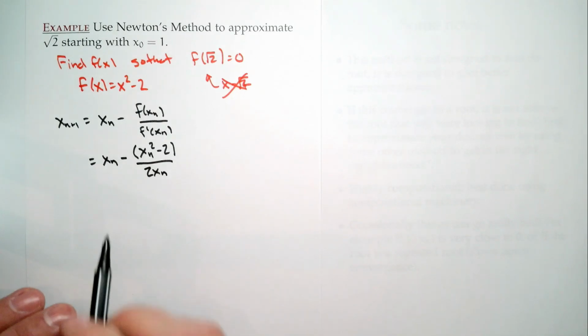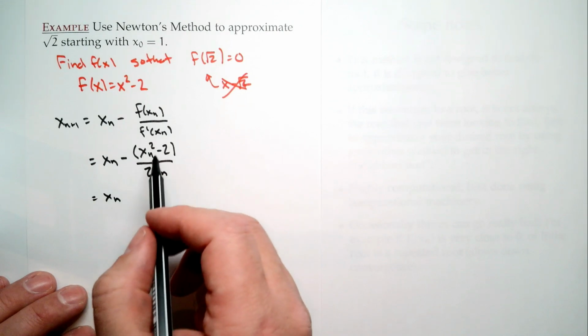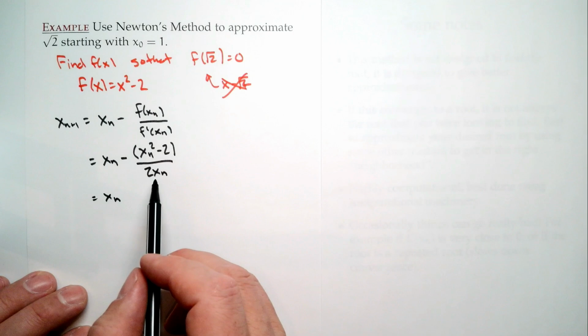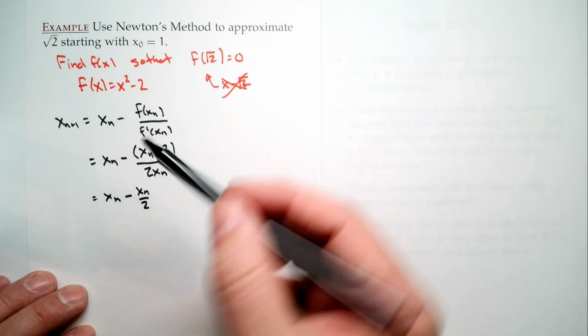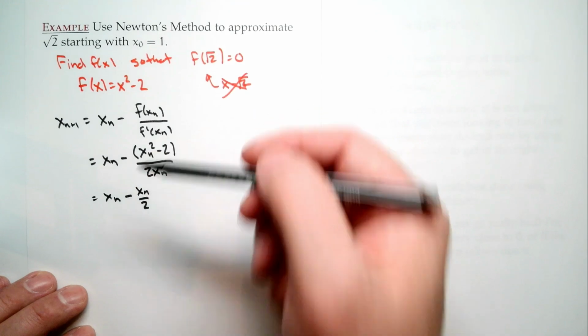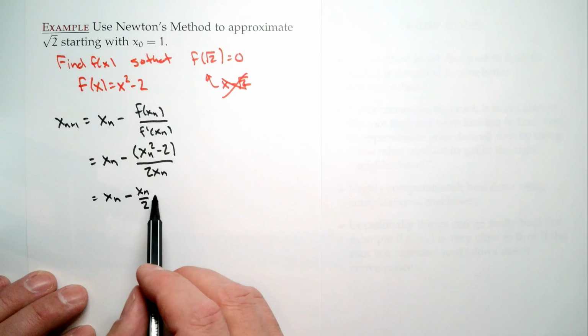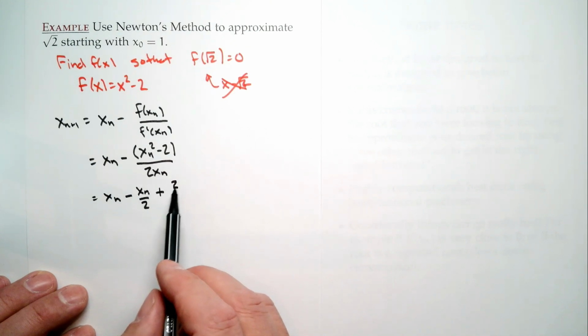For instance, we could say that this is xn, and on this term, suppose we break this up. So that's minus xn squared over 2xn, which would become minus xn over 2. So I'm just taking the xn squared divided by 2xn. And then there's a plus 4 over 2xn, which would become a plus 2.